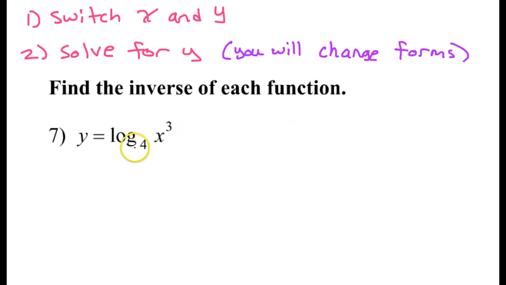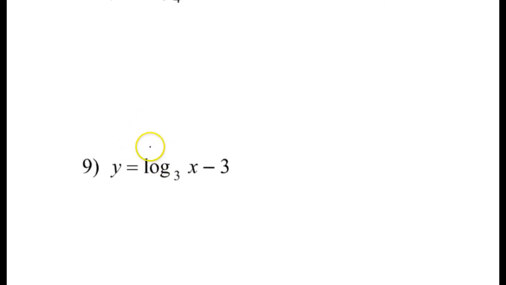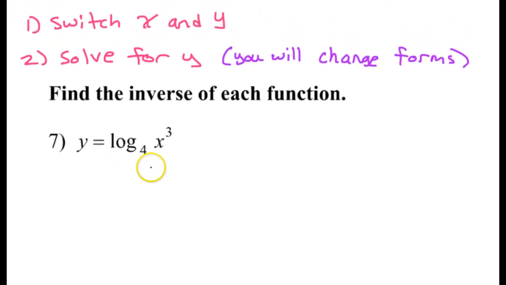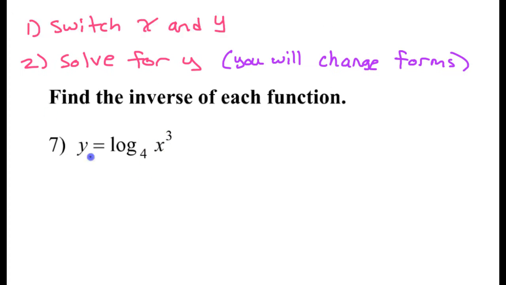Meaning, if you start off in logarithmic form, you will probably end up in exponential form. And if you start off in exponential form, like number 11, you'll probably end up in logarithmic form. So at some point along the way, you're going to wind up changing forms. Anyway, let's see what happens.